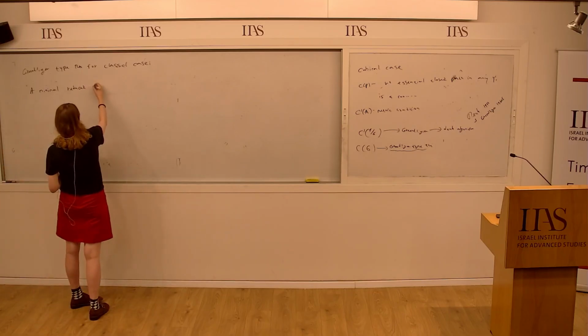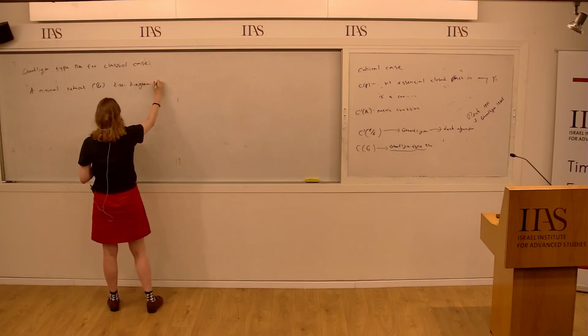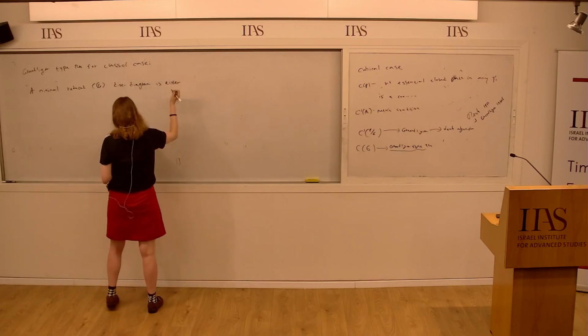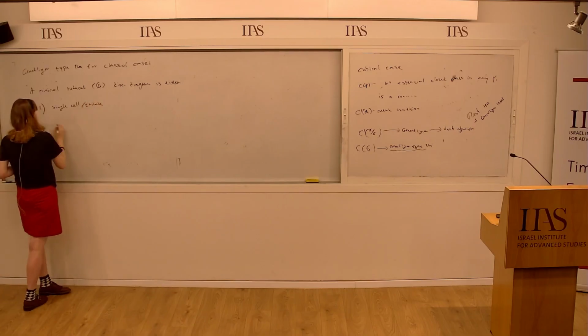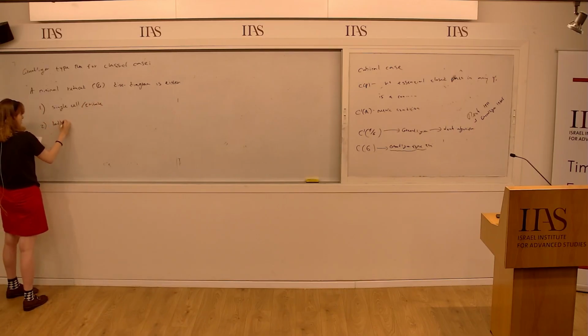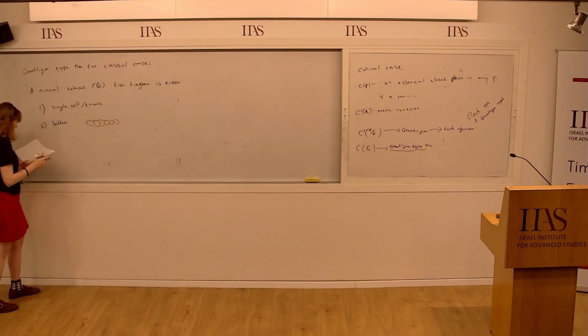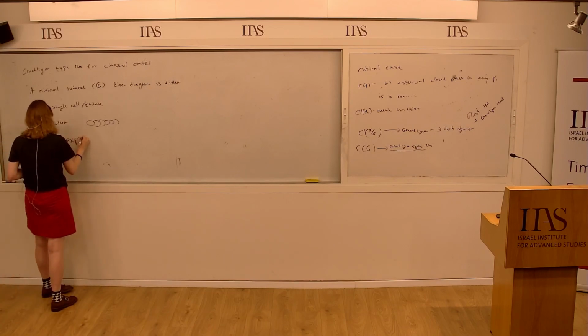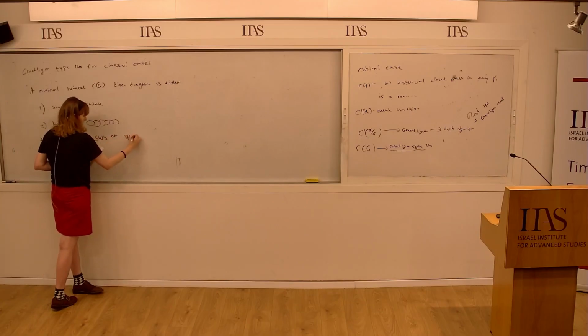So a minimal reduced C(6) disk diagram is either a single cell or trivial, or a ladder, which is just a row of two cells, or it has exposed shells or spurs.